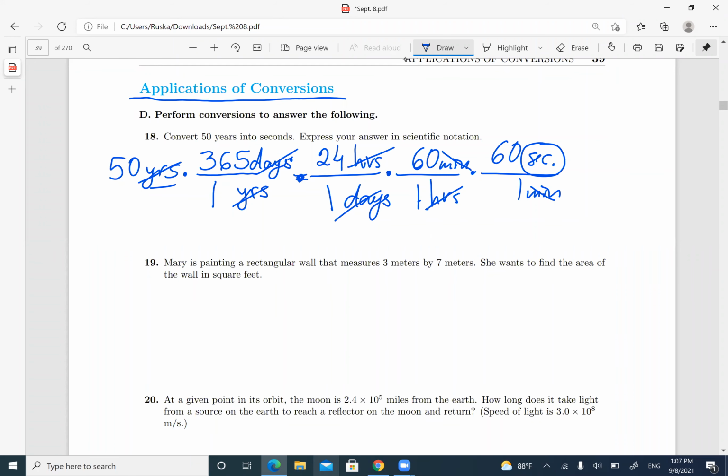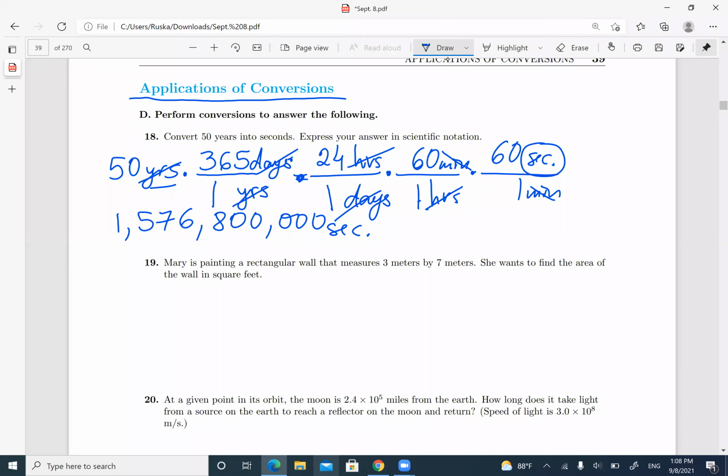So it's going to be 472,8 and 3 more zeros. How many seconds is that? 472,800,000 seconds. So that's how many seconds we have.